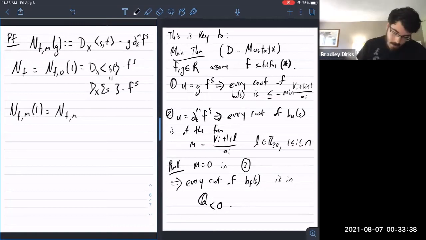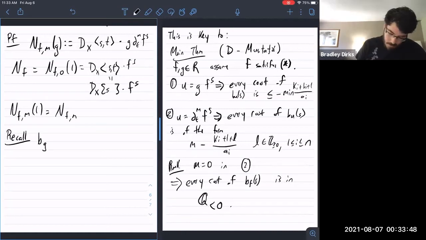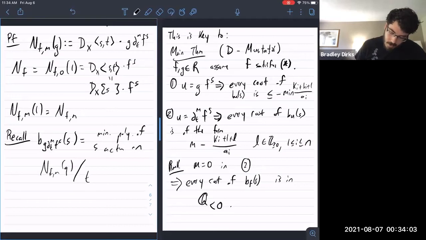Okay, and recall that we had this translation of the b-function in terms of minimal polynomials of the s action on some quotient. So really b_{g,m}(s) is the minimal polynomial of the s action on N_f^m g mod t N_f^m g.